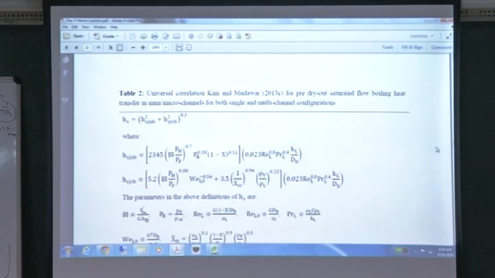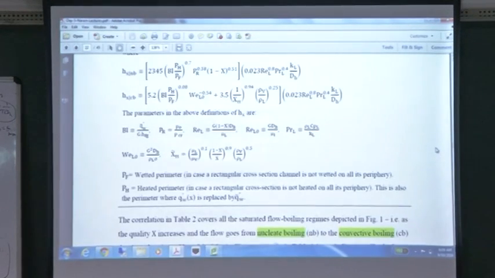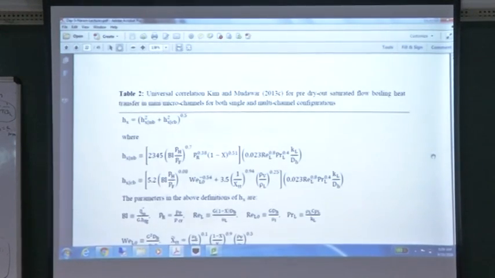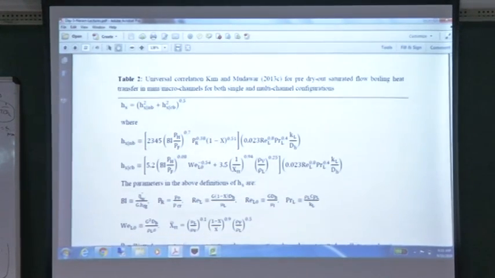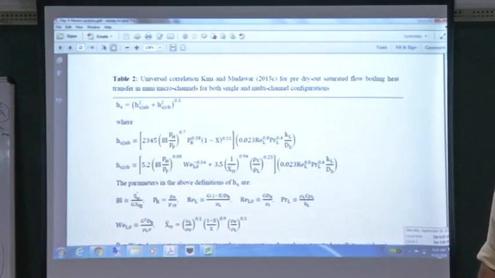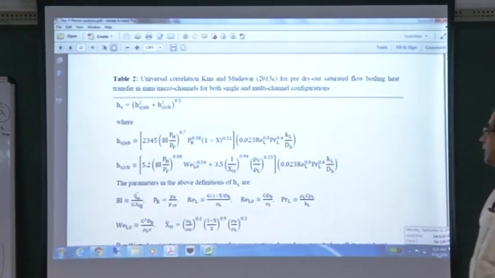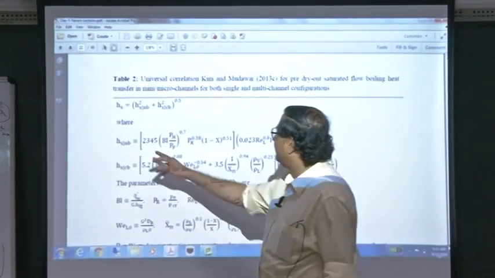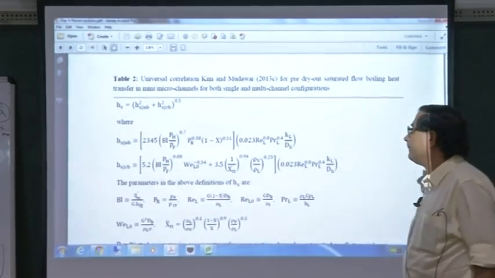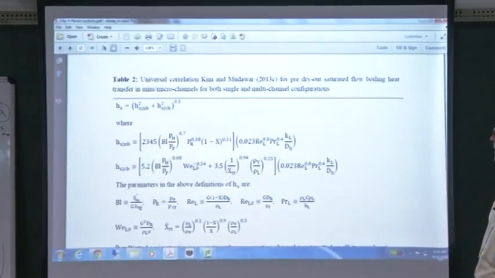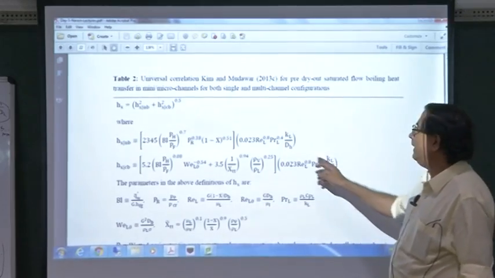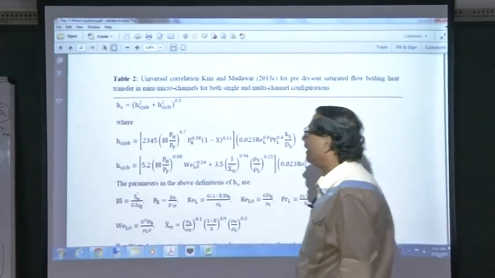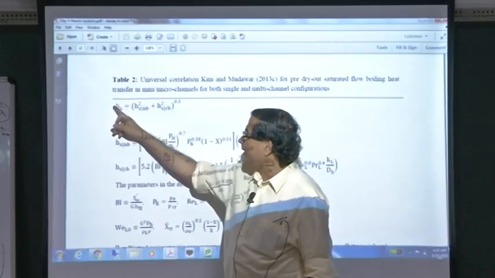The Kim and Mudawar correlation looks like this. What he calls a universal correlation for pre-dry out flow boiling. He goes ahead and computes Hx for nucleate boiling through this formula, and then he computes convective boiling and takes the square root of the sum of squares. The only thing that is experimentally measured is this.